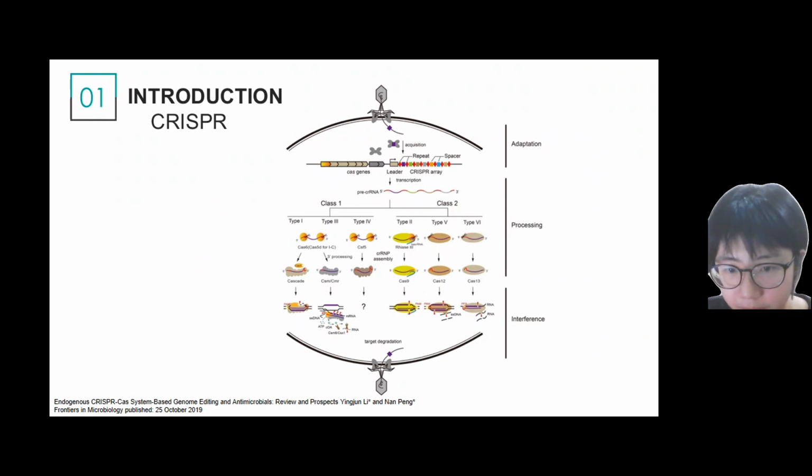Moreover, the Cas9 protein is more prone to mutation and toxicity risk. At present, it is more popular to study the Cas12 protein, which belongs to type 5 in class 2.